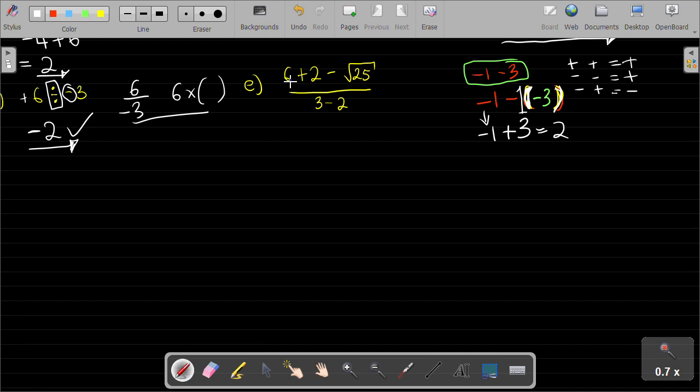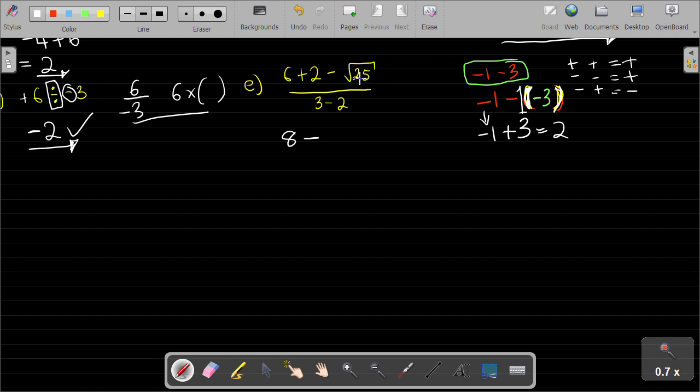Okay, so we have 6 plus 2 minus the square root of 25 over 3 minus 2. So what we can do is simplify these, and then we'll simplify the square root and the bottom. So 6 plus 2, that is going to give me 8. So minus, now what's the square root of 25? Guys, in this case here, remember, we are going to keep the negative sign.